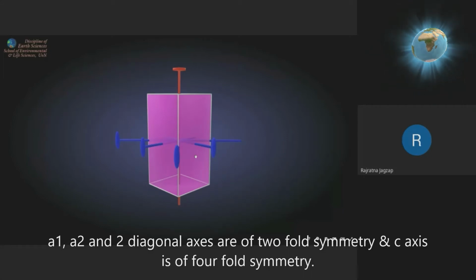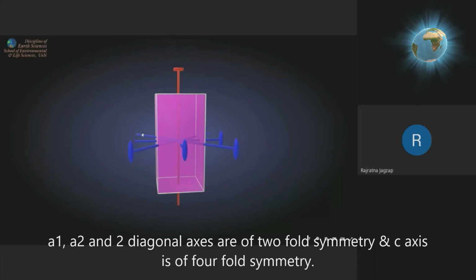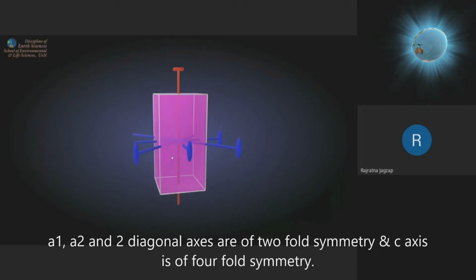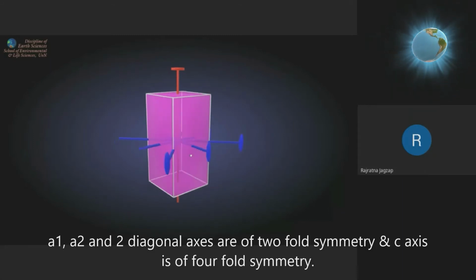Then you count 2. So this axis becomes an axis of two-fold symmetry, which is going from right to left diagonally, passing from the center of an edge to the center of the diagonally opposite edge. So this is a diagonal axis.